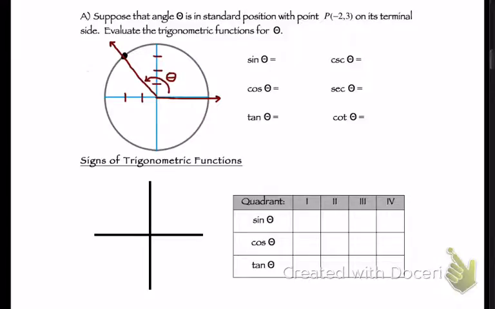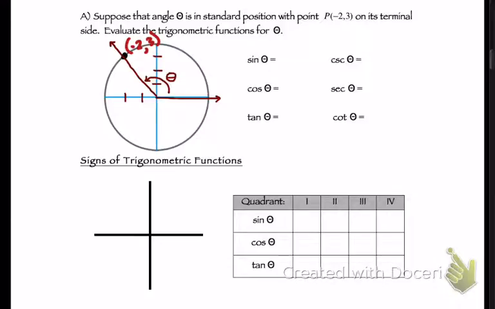So if you want to label this point here, -2, 3, great, do that. So in order to evaluate my 6 trig functions dealing with a circle, I know I have to use those formulas that I had on the first side. I know sine is y over r, cosine is x over r, tangent's y over x, etc.